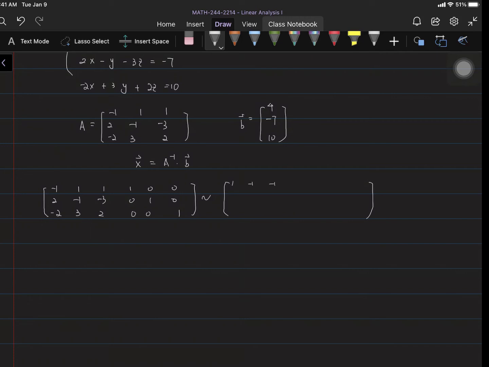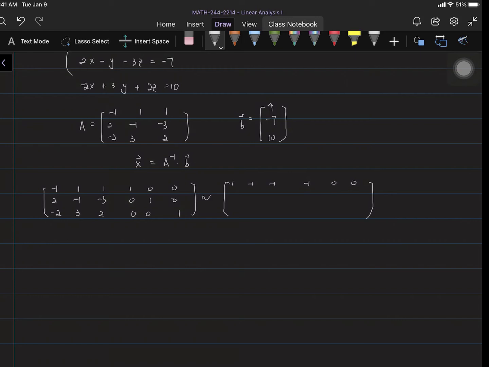So 1. And make the second row into 0 and the third row into 0, right? There are so many ways to do the row operation. You can do any method you like. There's no unique way. So you can choose whatever you like.